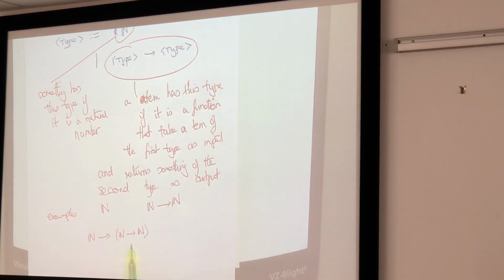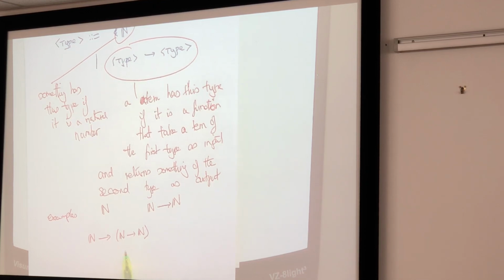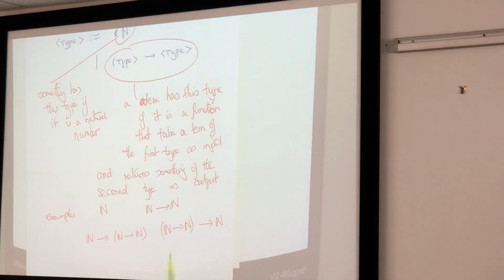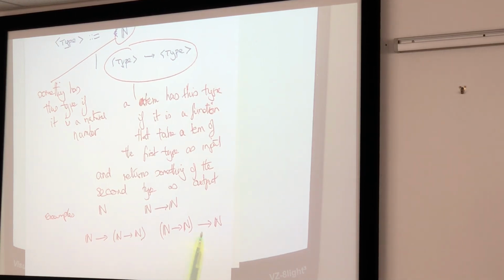And that function, the output, is itself a function that takes a number as input and returns a number as output. And similarly, you could have this one, a function that takes as input a function that takes a number as input and returns a number as output, and then it will return a number as output. So you can just make them more and more complex. Those are some example types.